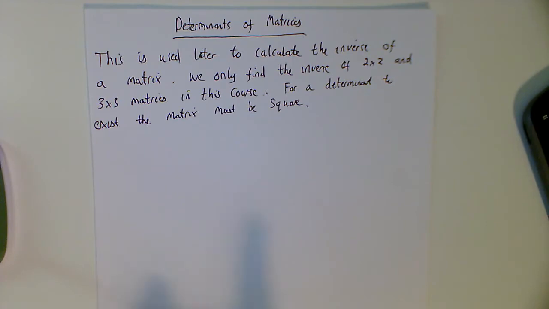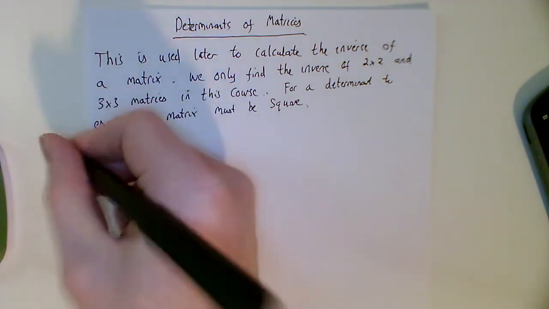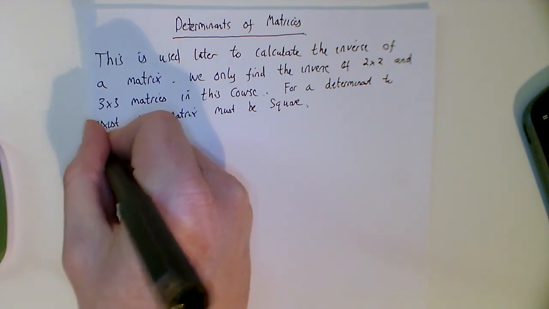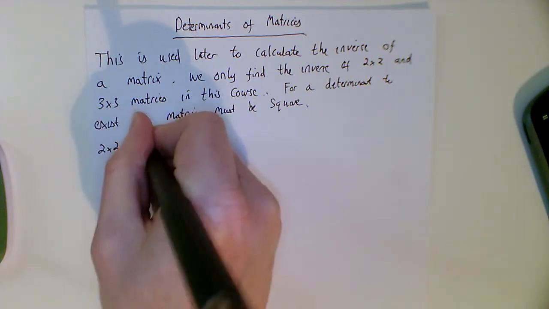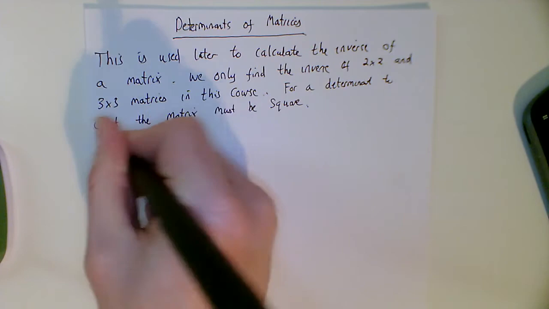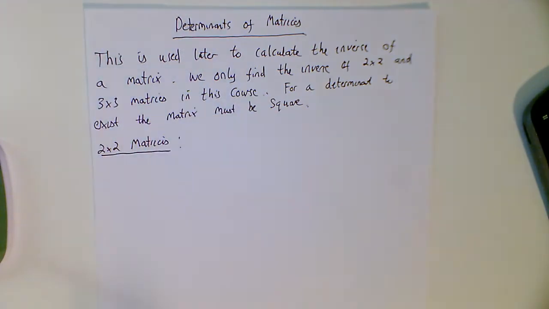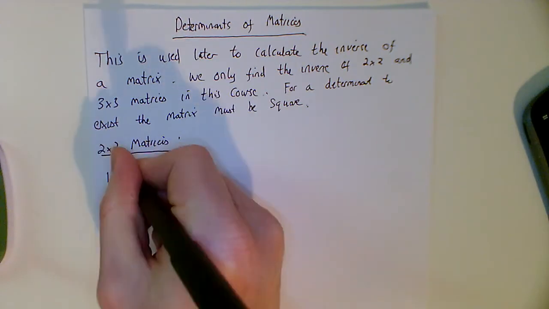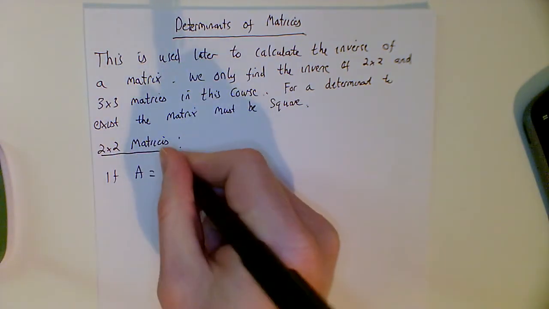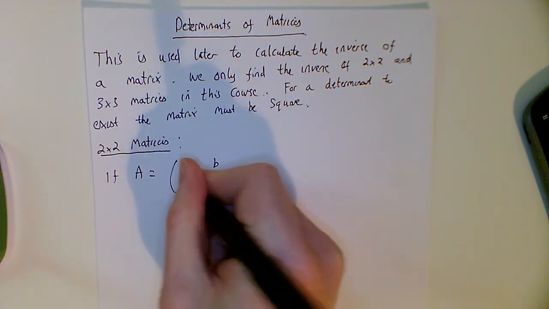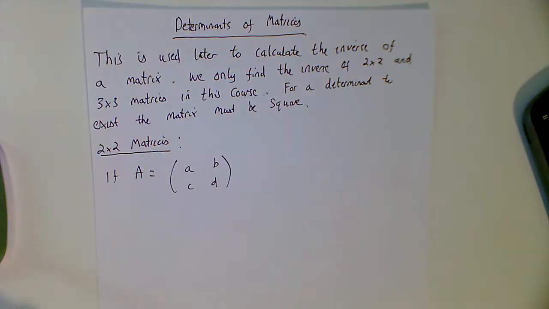Right, so first of all, we're going to look at the method for a 2 by 2 matrix. Okay, now, if A is our matrix A, B, C, D. Now we're going to be using this later on in the 3 by 3 matrix as well.